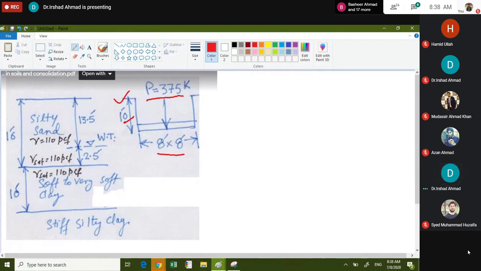So first you have a silty sand, which is 16 feet deep, and then you have a soft clay which is 10 feet.